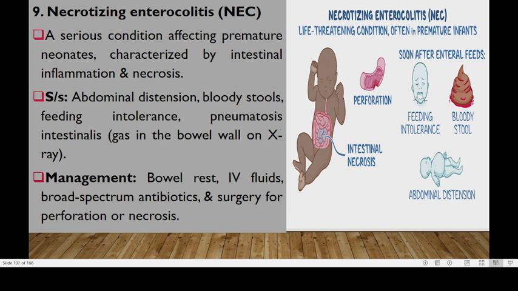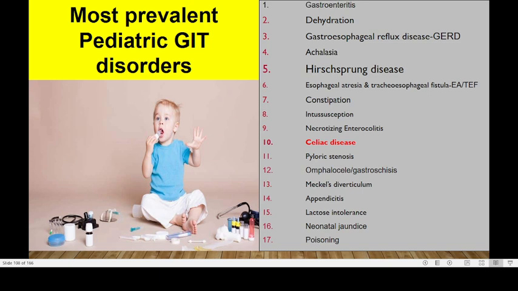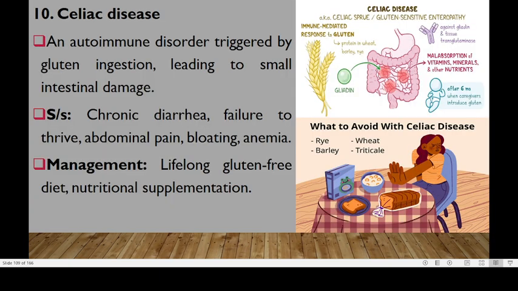Necrotizing enterocolitis is a serious condition affecting premature neonates, characterized by intestinal inflammation and necrosis. Celiac disease, on the other hand, is an autoimmune disorder triggered by gluten ingestion, leading to small intestinal damage.